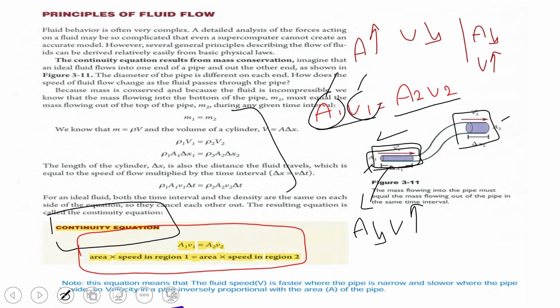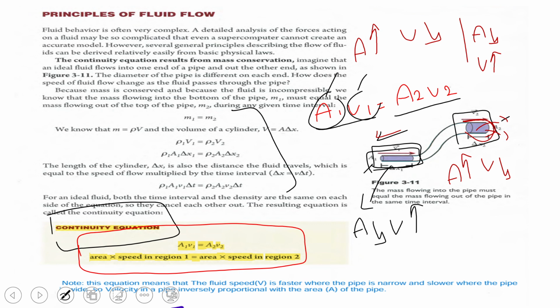Compared with the previous one, here we have a large area. Because you have a very large area, when the water comes out, the velocity of the water is small, because we have a large cross section, and we get less velocity.